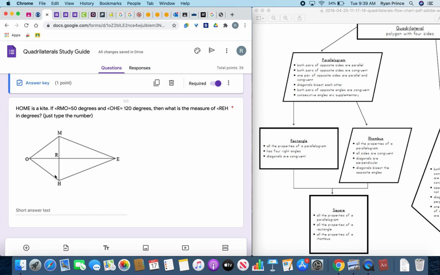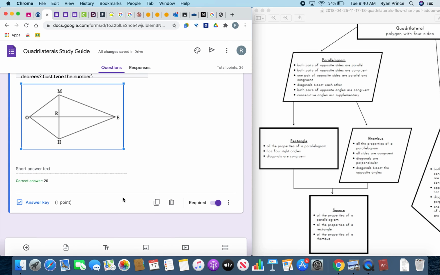Well, this part of it's 50. 120 minus 50 leaves 70 degrees for this angle, which is RHE. So this angle is 70 degrees. The reason that helps us, if that's 90 and that's 70, then that only leaves 20 degrees for the angle we're looking for, REH. So it's 90 degree angle here, 70 degree angle there, and that gives me 20 degrees for this angle, which is my answer, 20 degrees.